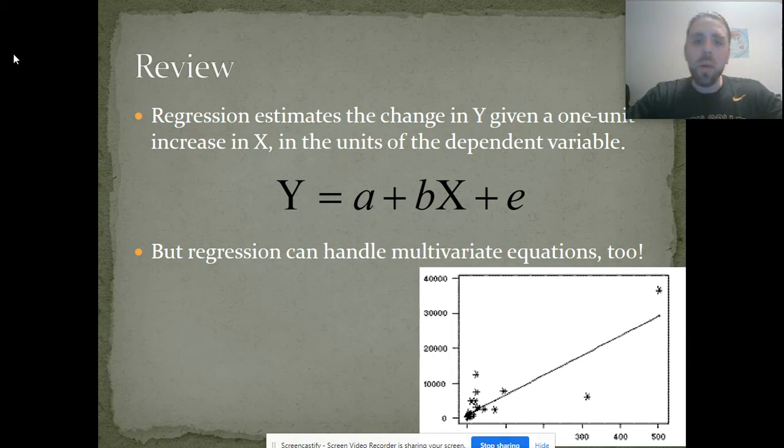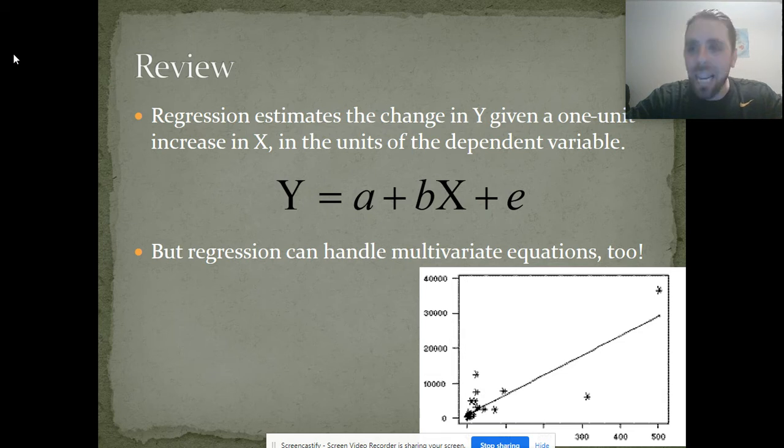Last time, we went over the regression equation again and learned how to do it by hand and practiced the interpretation of it. So regression, we are estimating what is the effect or the change in y, which is your dependent variable, if you assume a 1 unit increase in x, which is your independent variable.